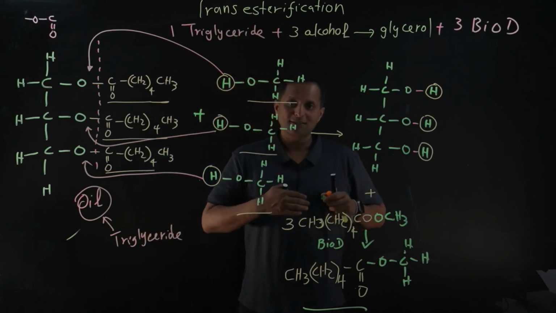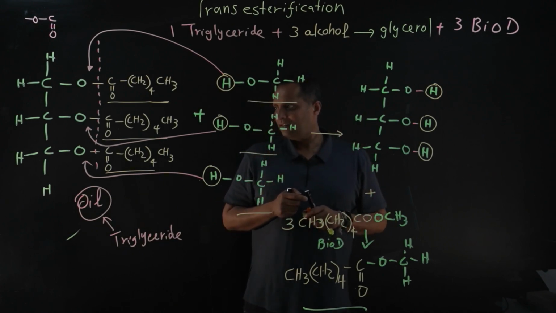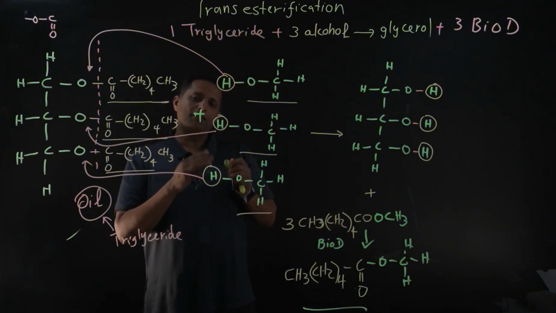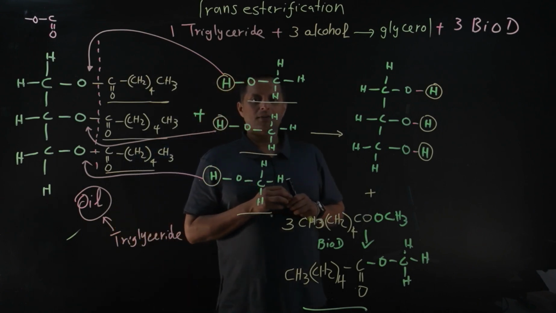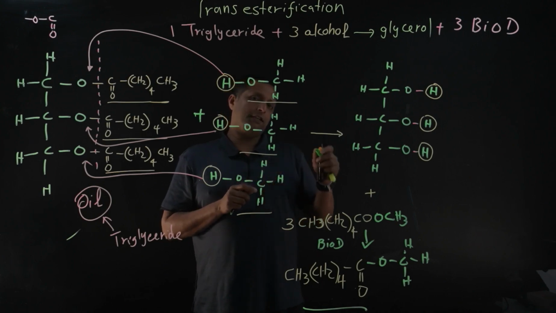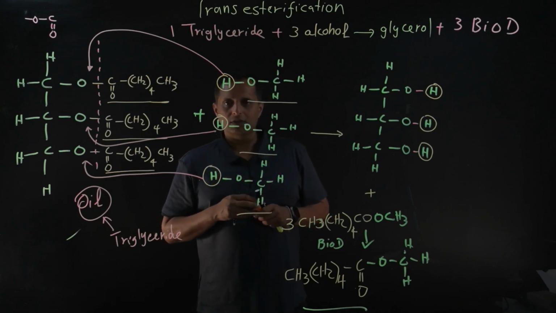This is the process you need to understand. Transesterification. So what I want you to do, I want you to watch all these 3 videos. In the first video, what did we do? We learned how to use esterification to make a biodiesel molecule. In the second video, what did we do?